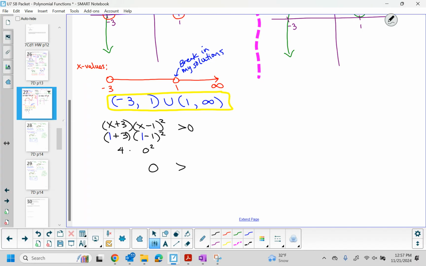So this side becomes 0, and 0 greater than 0 is not a true statement. That is false. So I cannot include x equals 1 as a solution. So I have to have a break, and I do have two pieces to my solution.